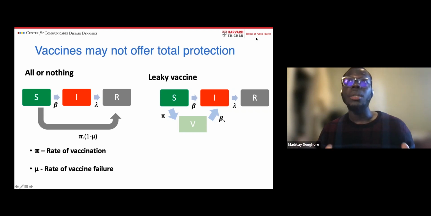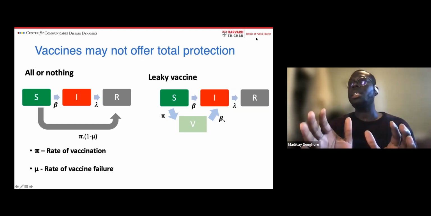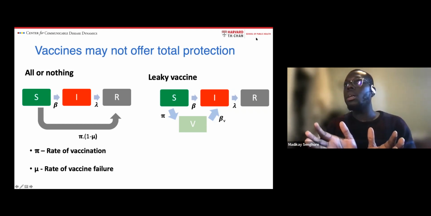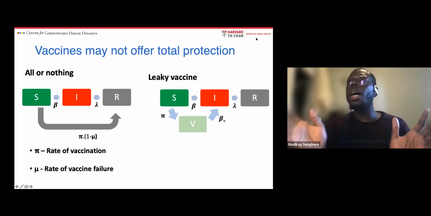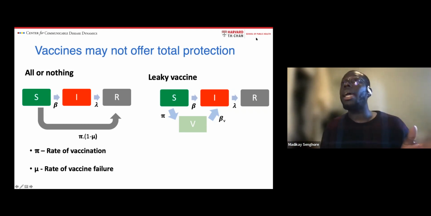There are some pathogens that are really close to each other. And so you might see, for example, that pathogen A has never been introduced in populations X and Y, but it comes in population X and it spreads like wildfire. It comes in population Y and it doesn't spread as much as in population X, right?